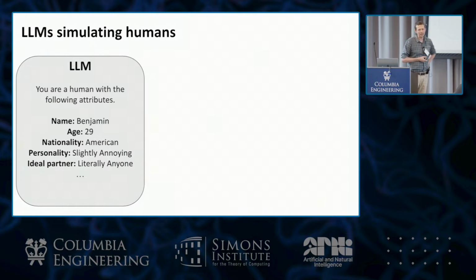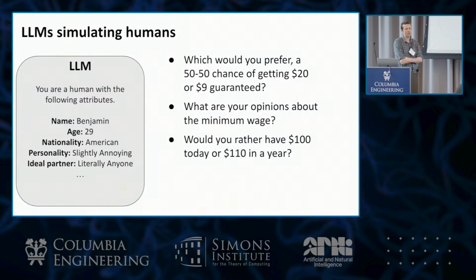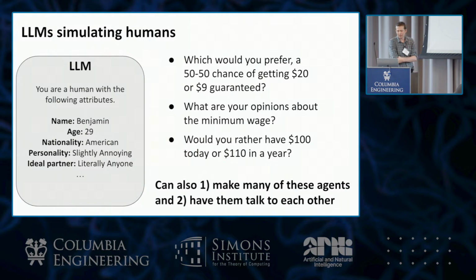So the idea here is you would prompt an LLM to take this role, and then you would put it in some scenarios, right? You're basically having it do some kind of role playing, having it answer questions about maybe how it feels about risky lotteries or discounting or public policy questions. You can do something more complicated than this.